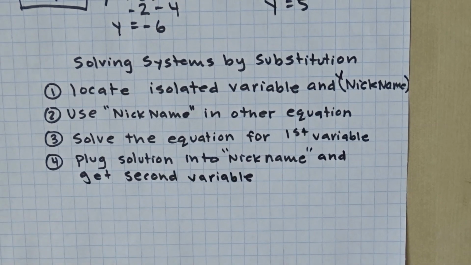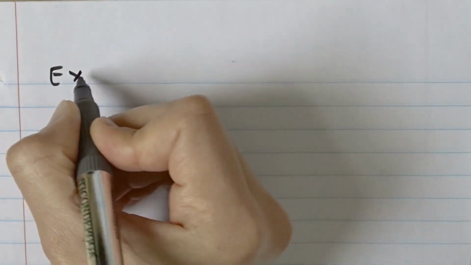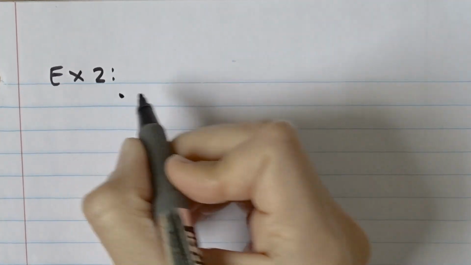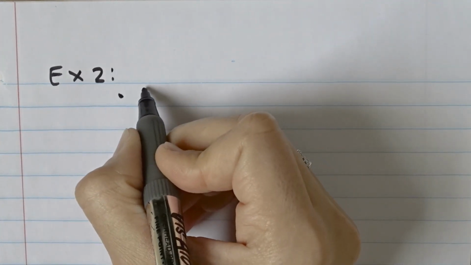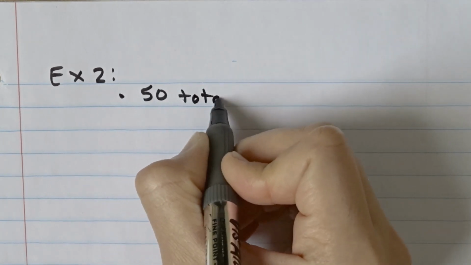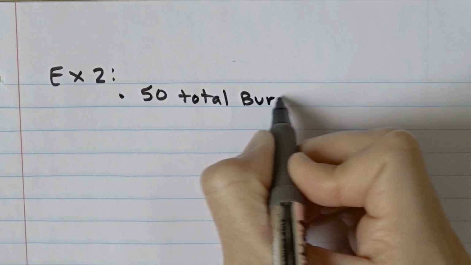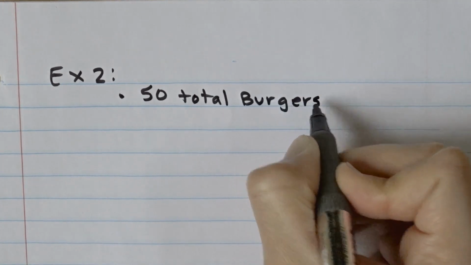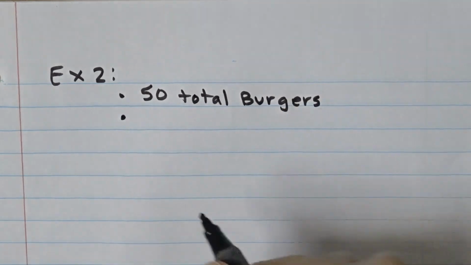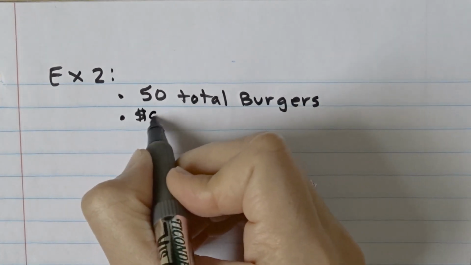Okay. All right, so for example 2, it's a word problem, but we're just going to bullet point the important facts so that we don't have to write so much. First fact is that it was 50 total burgers purchased. All right, and then the next thing we're told in the problem was that they spent a total of $90.